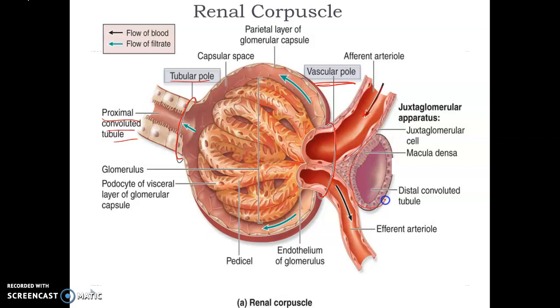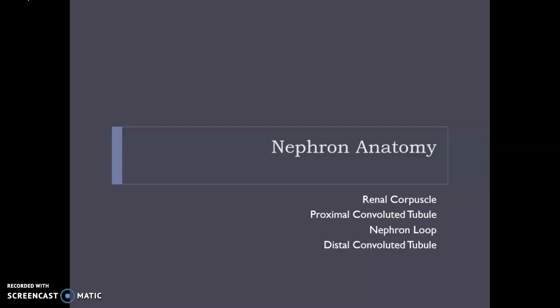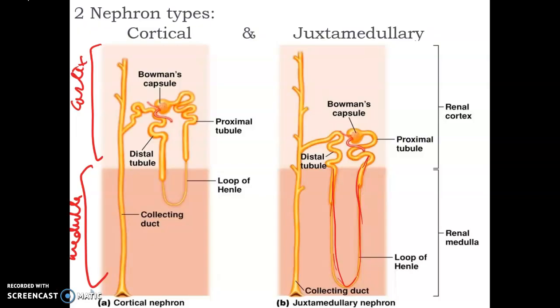I also want you to notice here, do you see there is this tubular structure here? This is actually part of the distal convoluted tubule that loops back to kiss the afferent arteriole. If I go back, class, let's look here. Look at this particular nephron. Anatomically, it looks slightly different from what we drew out.